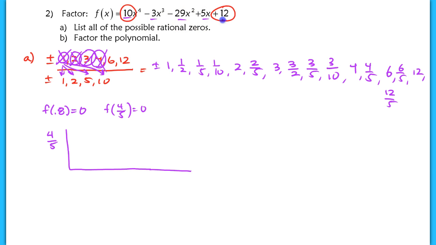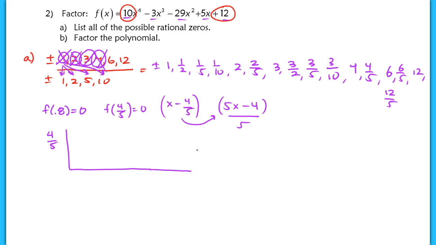And then when I remember to put my coefficients here, I have to actually divide each one of these coefficients by 5. And the reason why I need to do that is because f of 4/5 equaling 0 implies that x minus 4/5 is a factor, and because that's not in our typical form, we change that using the rational root theorem to 5x minus 4. Now again, 5x minus 4 then is really our actual factor, and if we want to use synthetic division, we have to divide that all by 5, which means we have to divide all of our coefficients by 5.